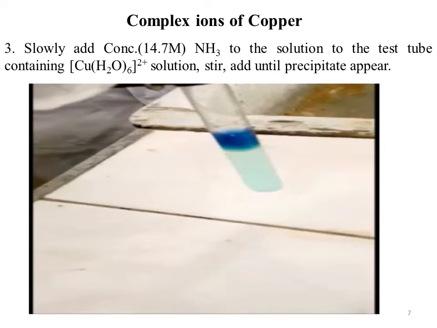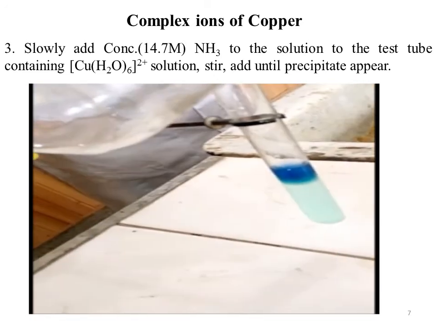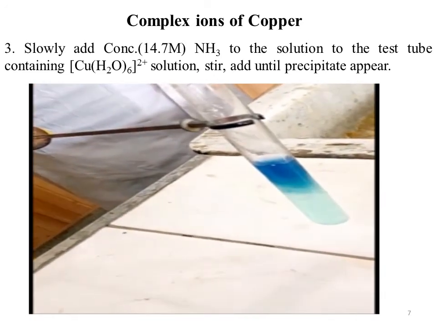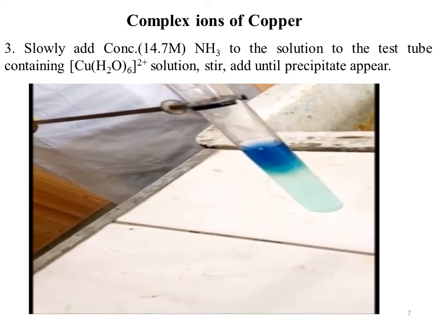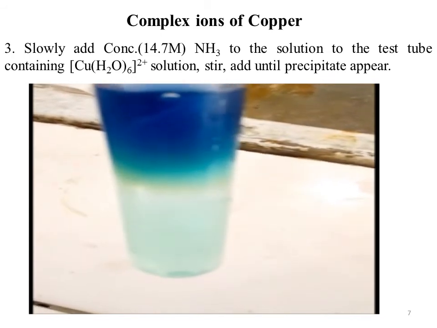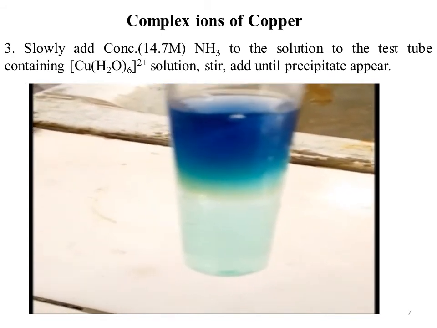In step number 3, you have to add concentrated ammonia slowly to the solution in the test tube that contains the hexaaquacopper 2 ion, and then you will see a precipitate appear. A bluish white precipitate appears after the addition of a small quantity of ammonia.